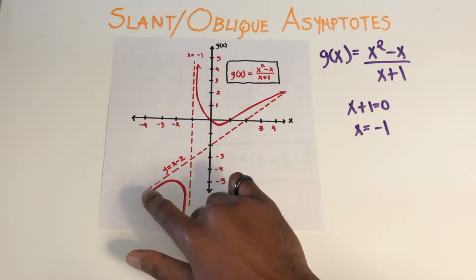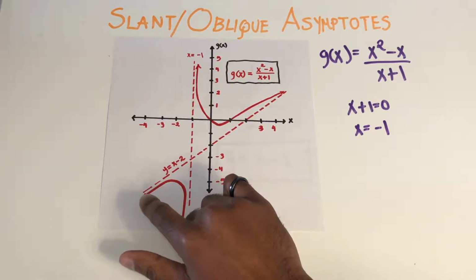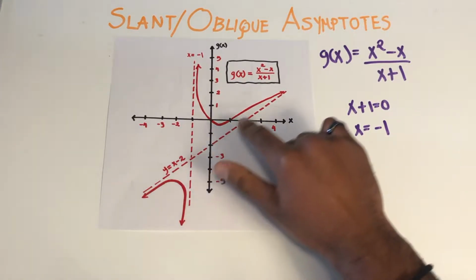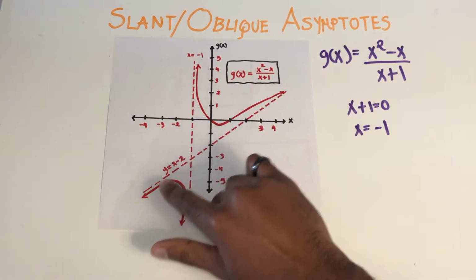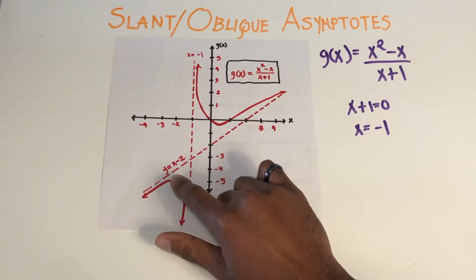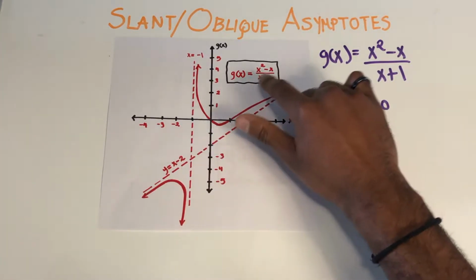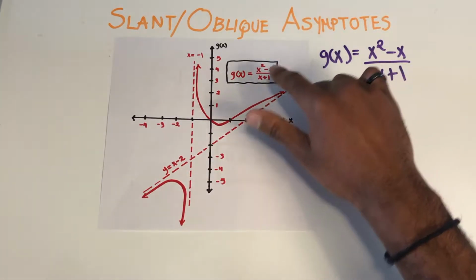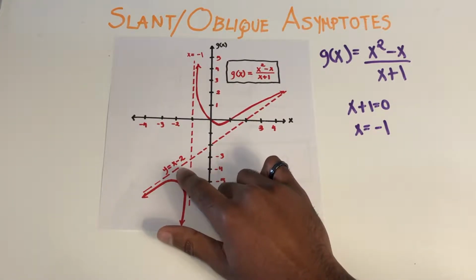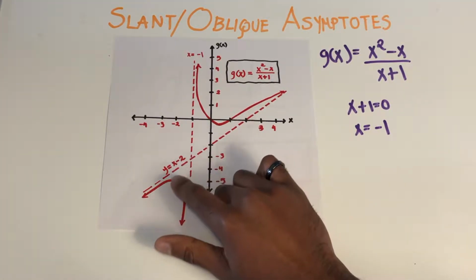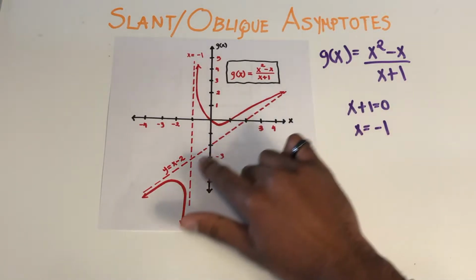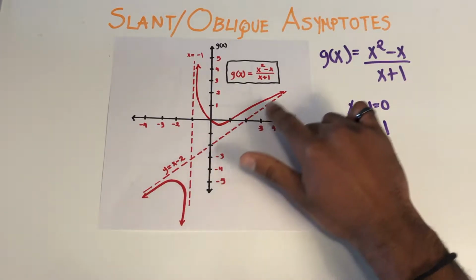Then our slant asymptote occurs at y equals x minus 2. Notice how y equals x is simply the linear function that occurs here, straight through the coordinate plane. But since we move down 2 points in the coordinate system, the line stays the same, however its position is different.